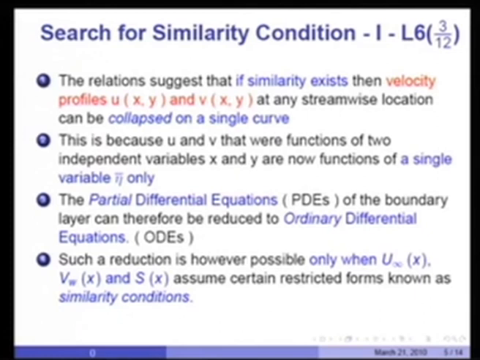And the partial differential equations therefore, will be reduced to ordinary differential equations. But such a reduction would be possible only when u infinity of x, v w as a function of x, and the stretching factor s as a function of x assume certain restricted forms known as similarity conditions. And it is these special forms that we wish to discover, and they are called the similarity conditions.